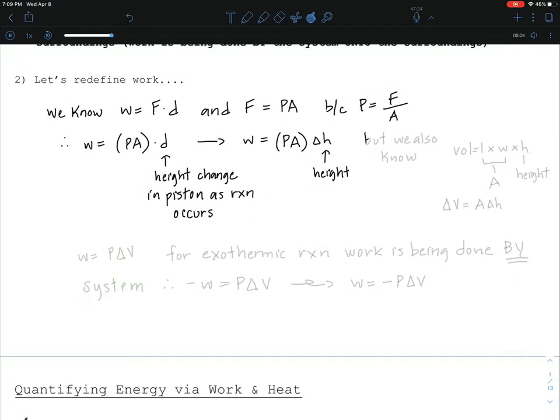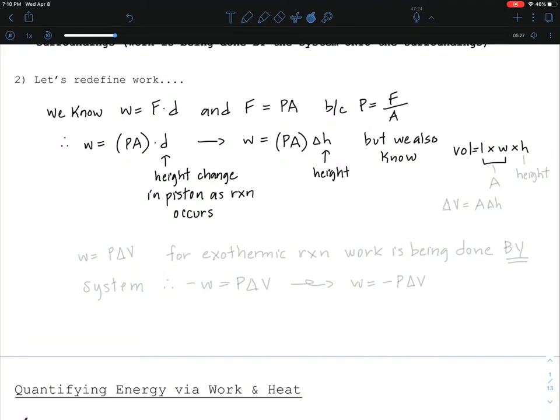But we also know that the volume is equal to the length times the width times the height.